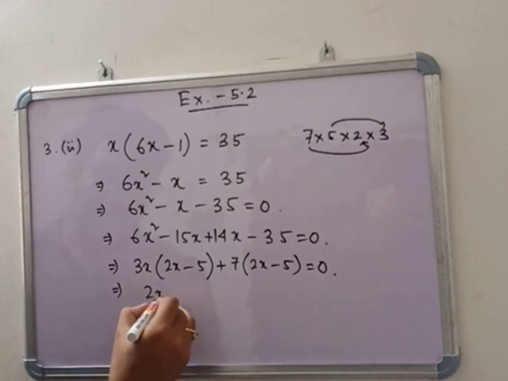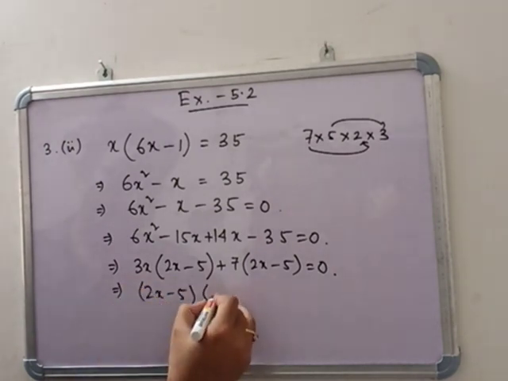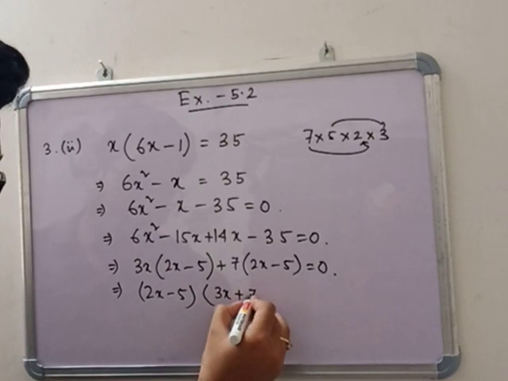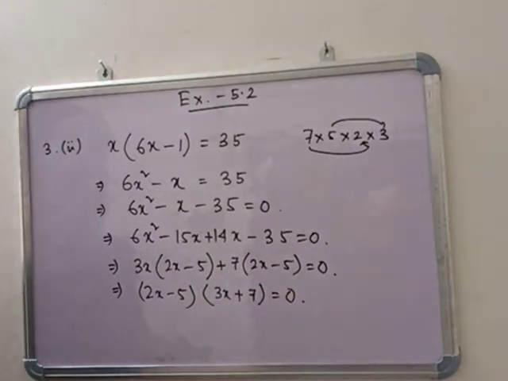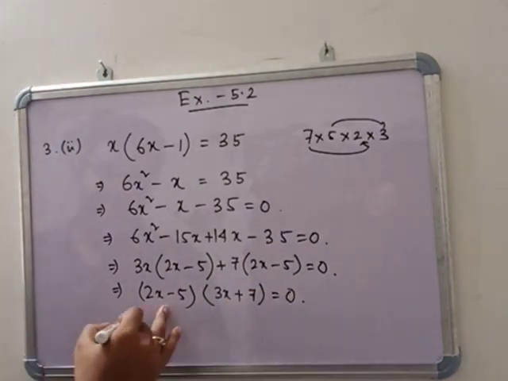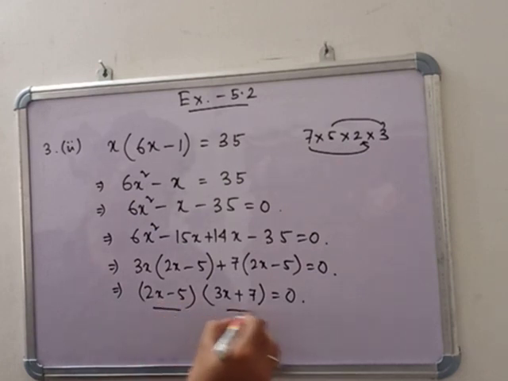That means 2x minus 5, 3x plus 7 equals 0. Now using the zero product rule, this equals 0 and this equals 0.